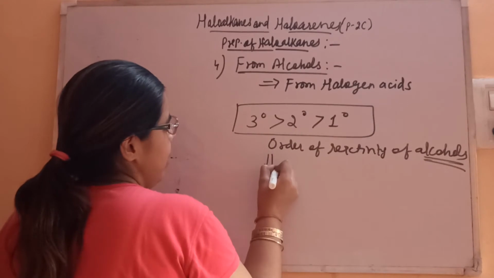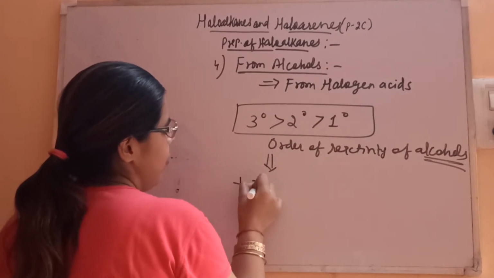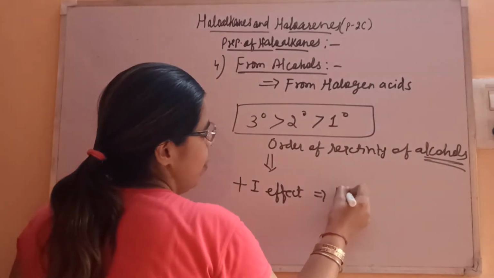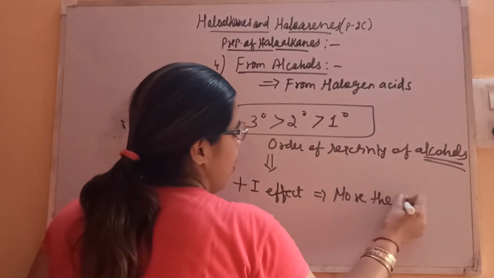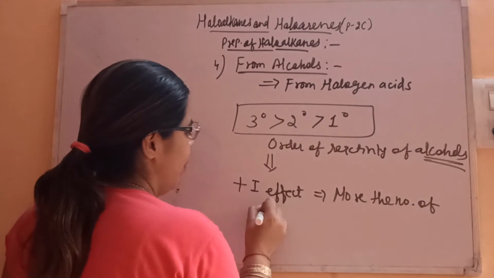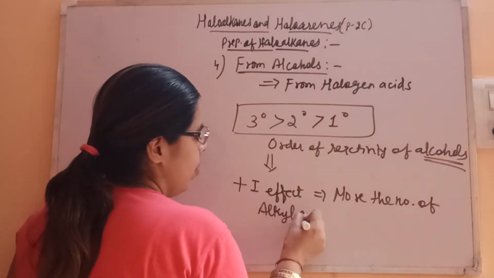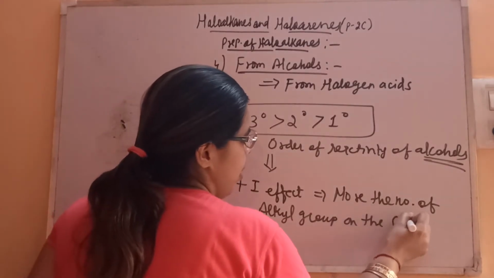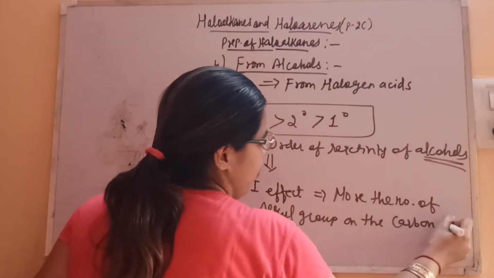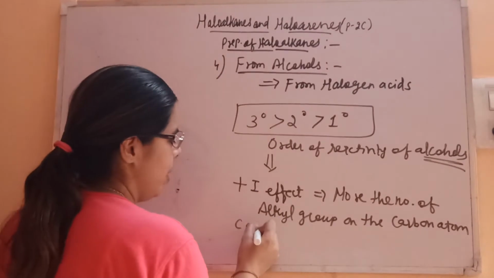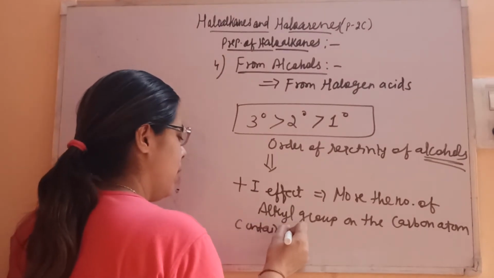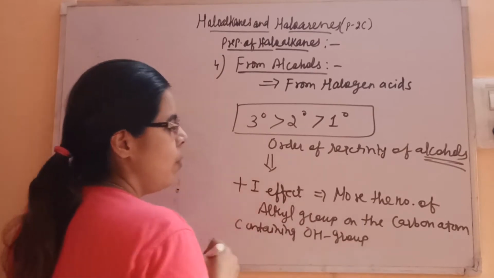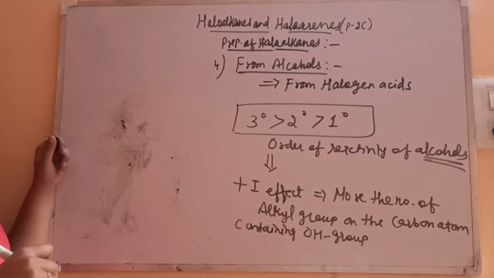This you can explain on the basis of plus I effect that you have studied in the 11th standard. The more the number of alkyl groups on the carbon atom containing the OH group, the more easily it can leave.